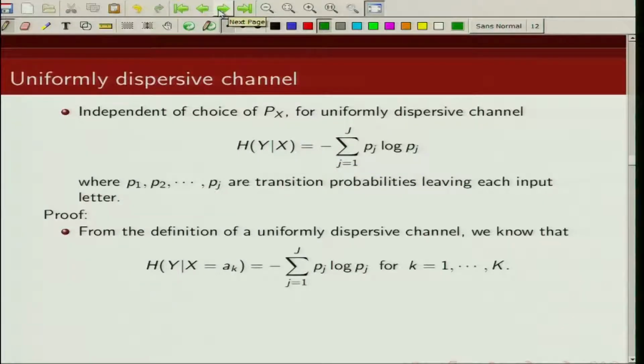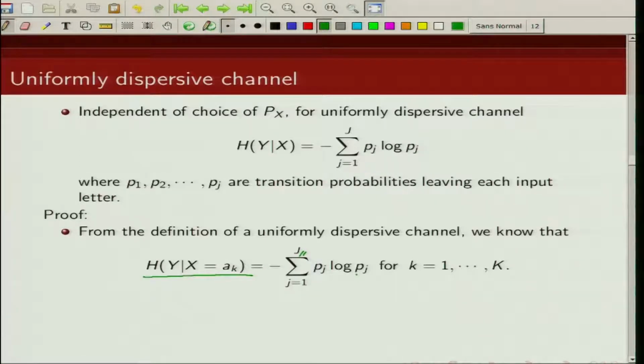So, let us prove this property. From the definition of the conditional entropy of y given a particular instance of x, ak, this can be written as minus the summation over all possible transitions of pj log pj.